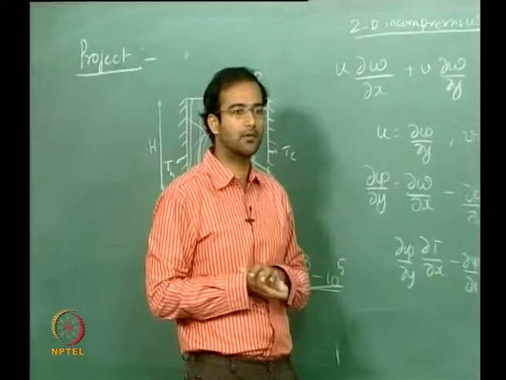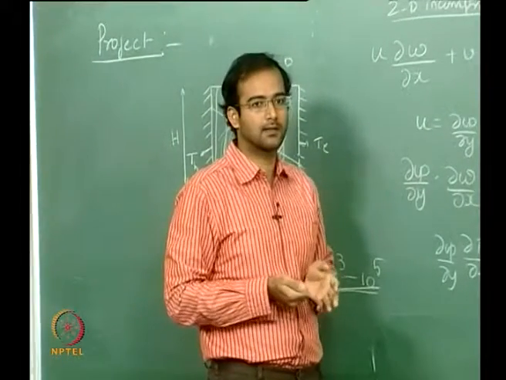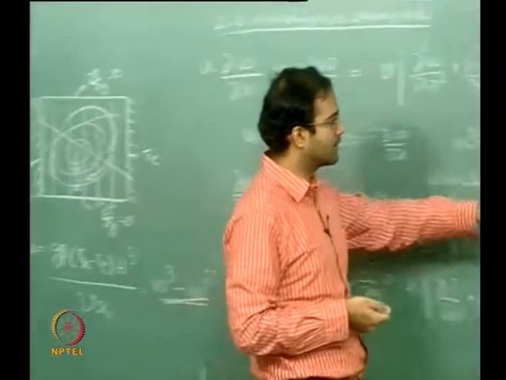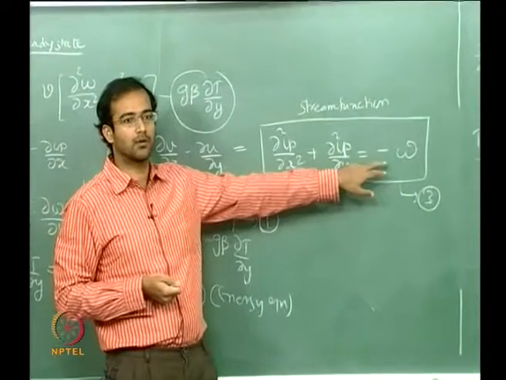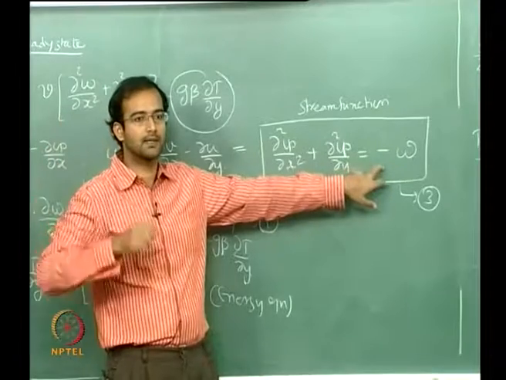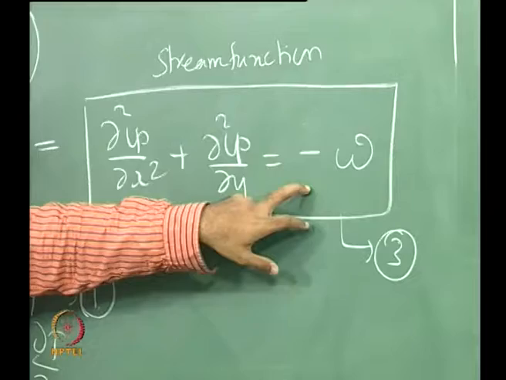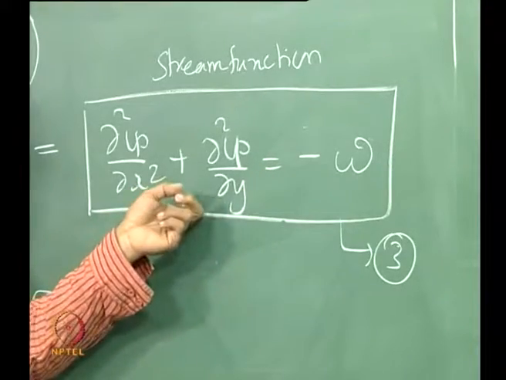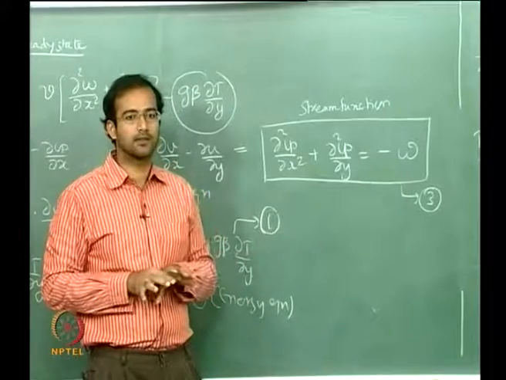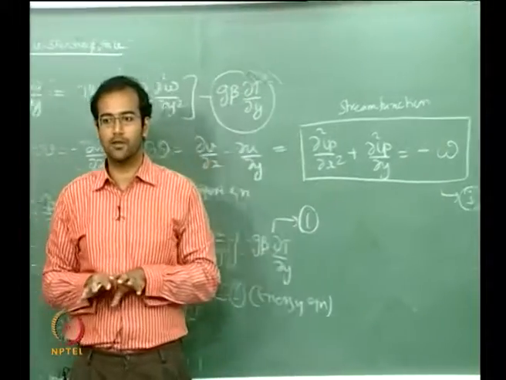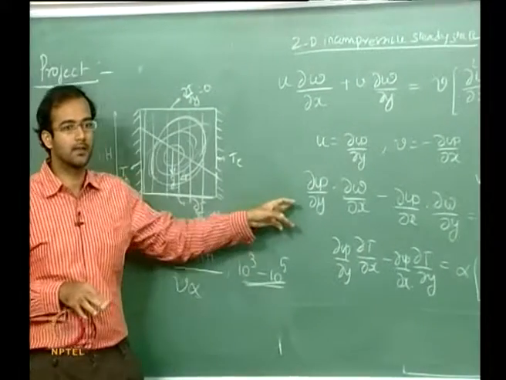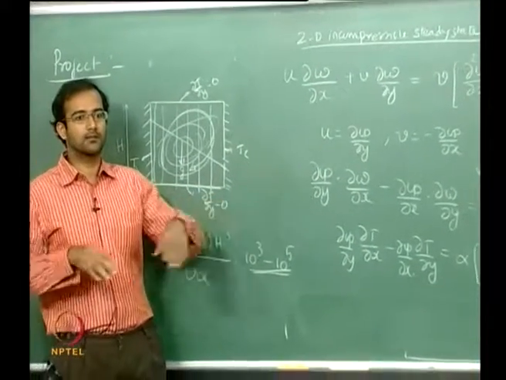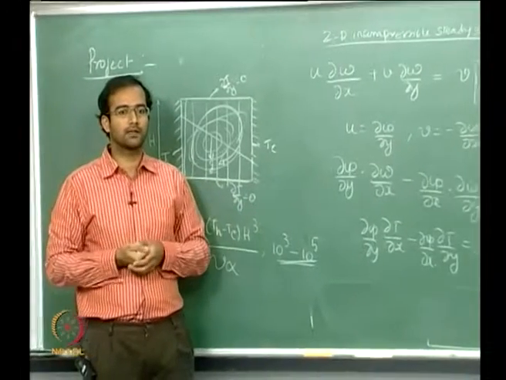That means you don't have to invert a matrix together. So first you start with the solution to the stream function equation, where you guess a value for the vorticity field to begin with, that is the initial guess value. You solve this and get the field for the stream function. Once you have the stream function field, you come to your vorticity equation and make use of the iterated value for the stream function.